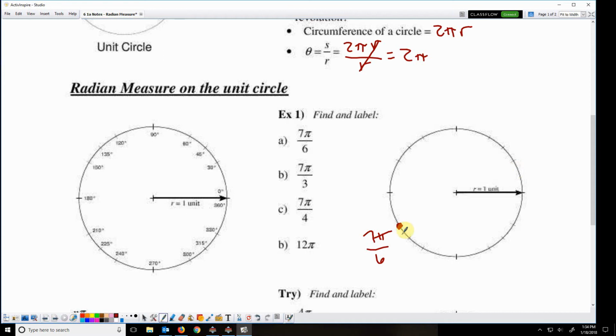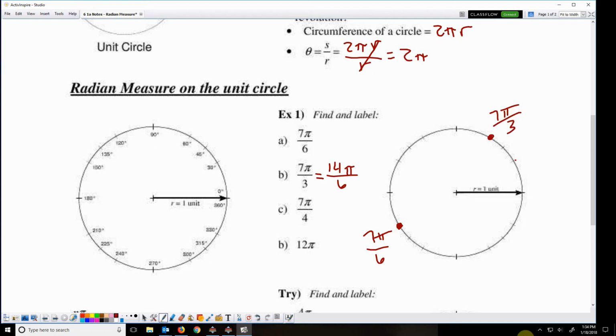Seven thirds, we haven't really counted by thirds, but that's the same as 14 sixths. Remember, halfway around is 1, so that's 6 sixths. All the way around is 2, so that's 12 sixths. 13 sixths, 14 sixths. So there's 7 pi over 3.